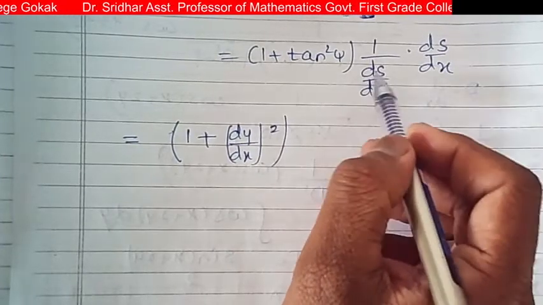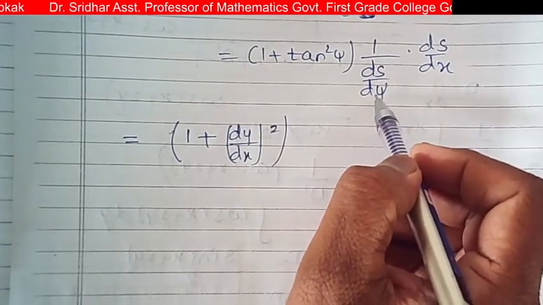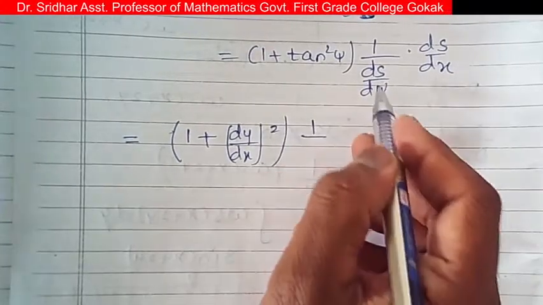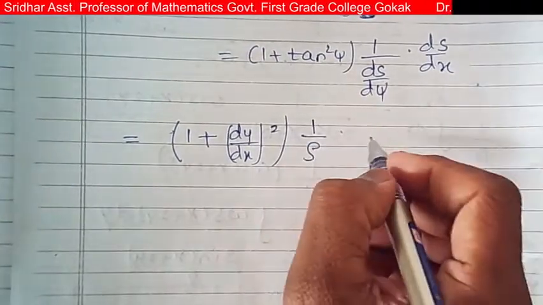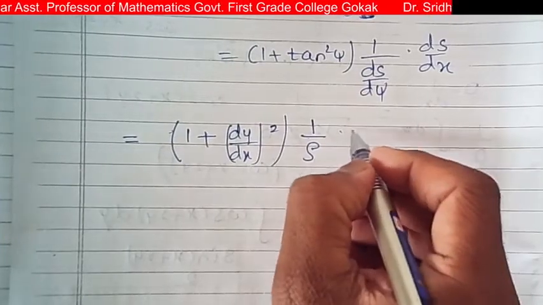Now this is the radius of curvature rho. In the last class we derived the radius of curvature, rho equals ds by d psi, so d psi by ds is 1 by rho into ds by dx.